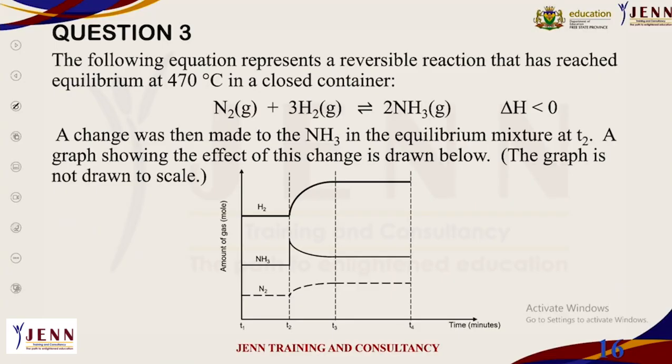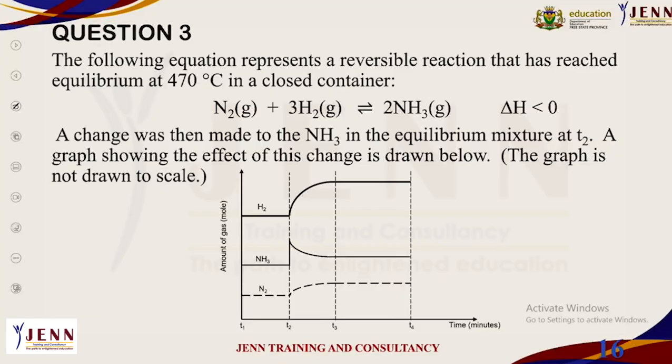Now you will see I have amount of mole of gas here against time. So again, a different one. So this is the amount of mole of gas that we have. Okay, so now before they make me anxious, I just want to do what I'm always doing. Delta H is smaller than 0 there.